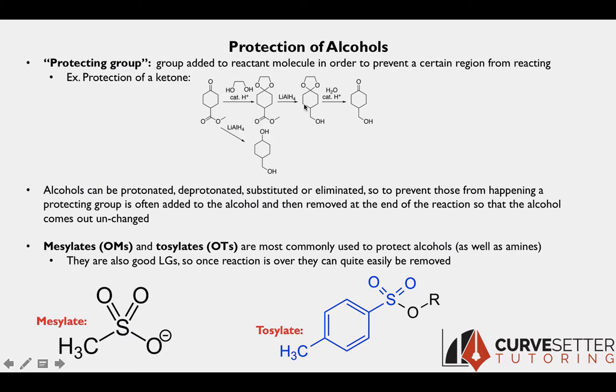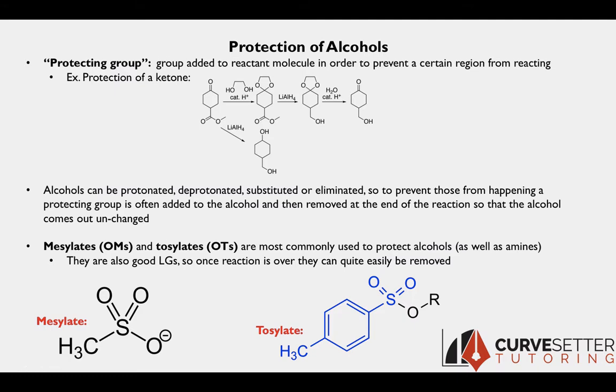Then you can react it with LiAlH4, reducing the carboxyl group, which we want to do. Then you can remove the protecting group and regenerate the ketone. So we prevented the ketone from reacting here by protecting it using this as the protecting group. So we often do this for alcohols as well.